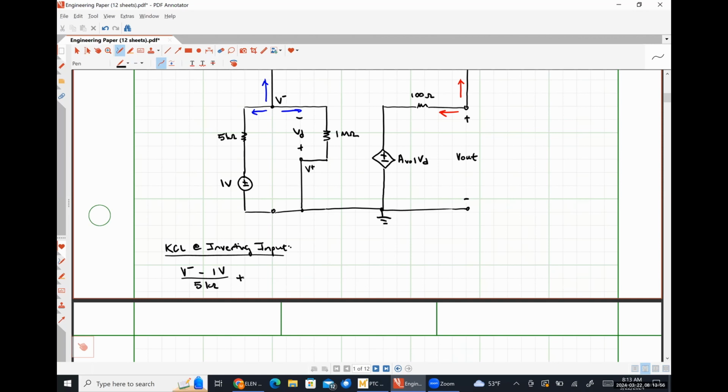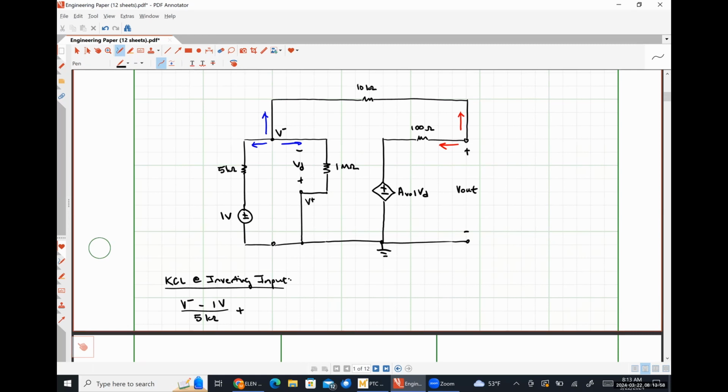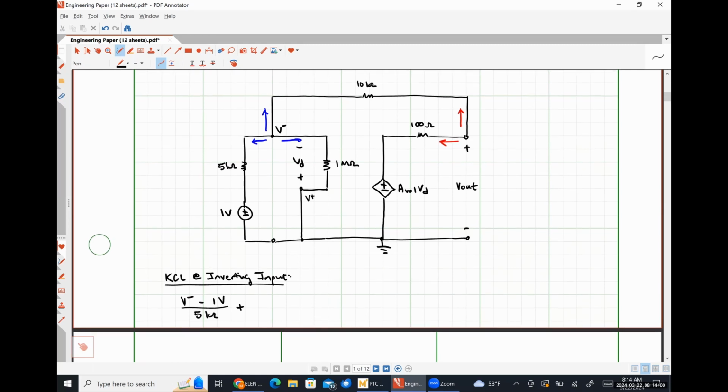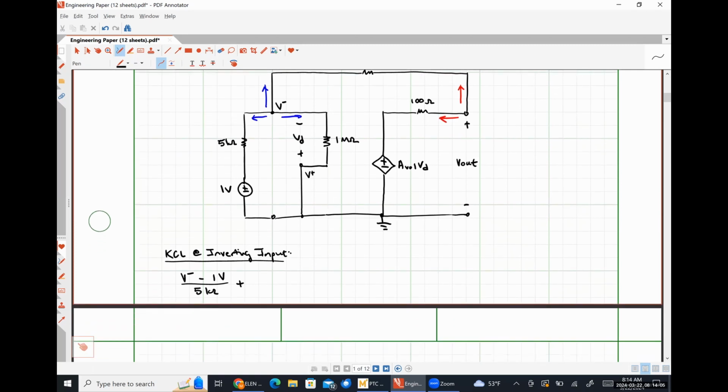Then I have my current flowing up through the 10 kilo ohm resistor, which is going to look like V minus minus V out over 10 kilo ohms. And lastly, I have the current flowing to the right through our 1 mega ohm input resistance, which is going to be V minus minus V plus over 1 mega ohm. But since V plus is tied directly to ground, we're just going to call that V minus over 1 mega ohm.